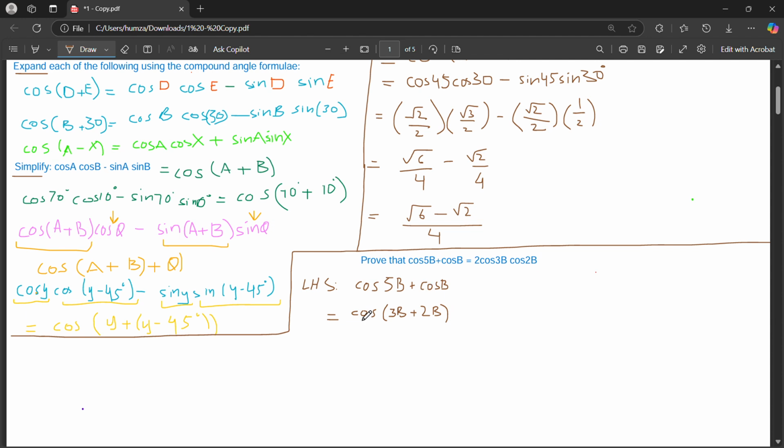So this is the compound angle for cos. Now we can write cos b as well in terms of the compound angle, and we can say this is also positive cos 3b minus 2b.